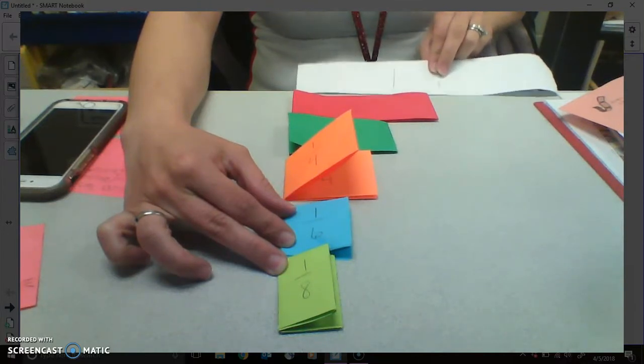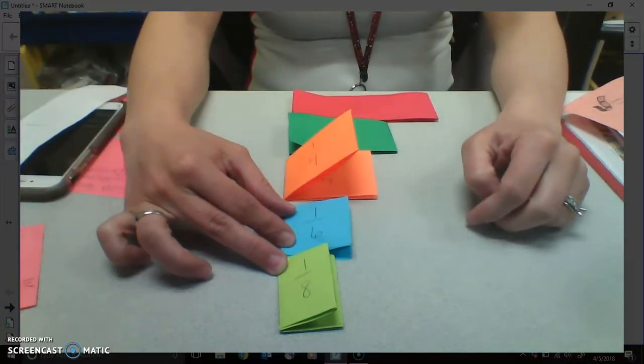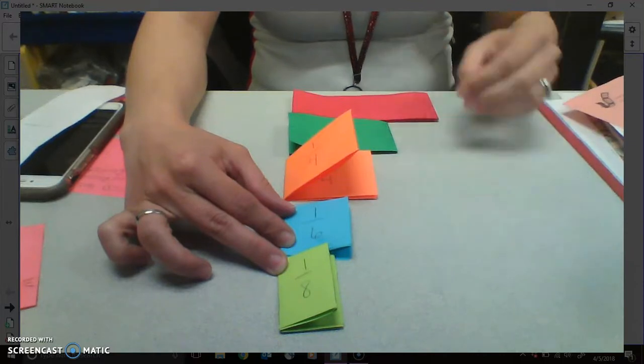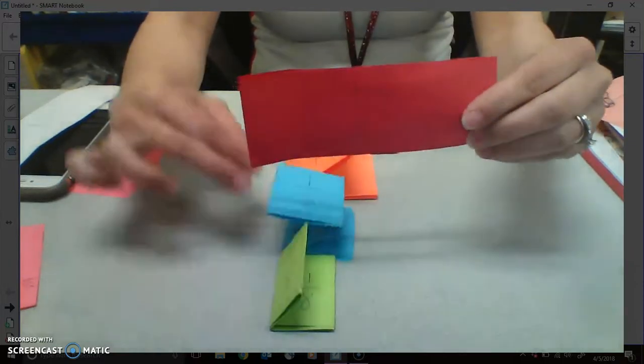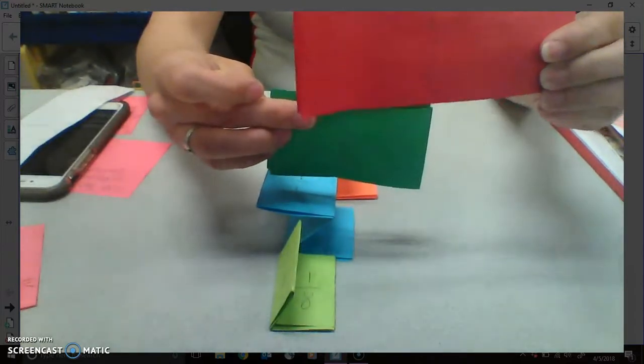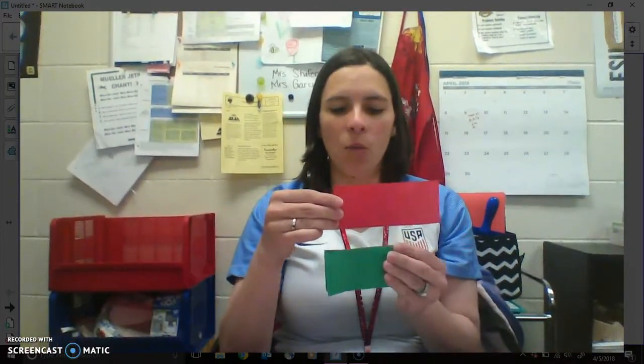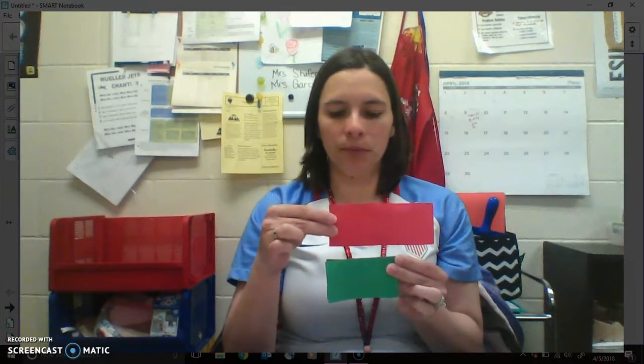Okay. So as you look at these, let's specifically look at 1/2 and 1/3. I'm going to adjust my screen so you guys can see me again. Hello! Okay, so looking at 1/2 and 1/3.